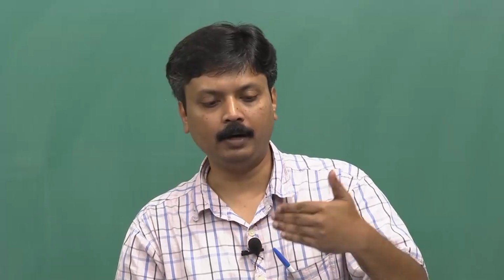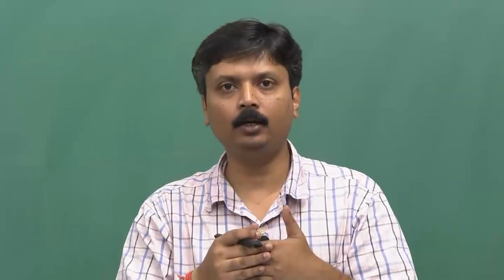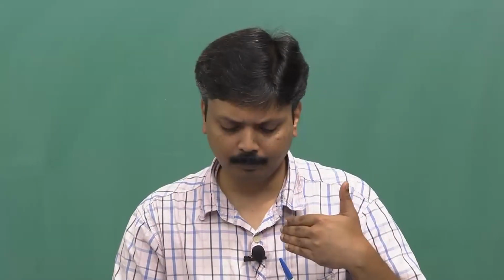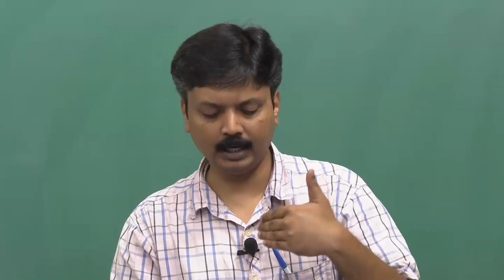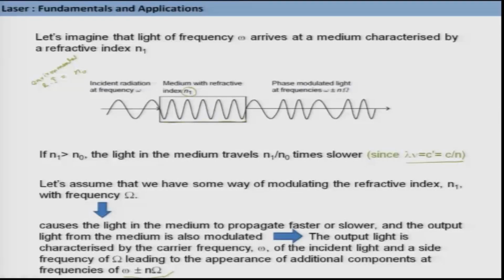If I can really vary the refractive indices, it will lead to the creation of side bands along with the carrier frequency, and these side bands will be at frequencies shifted by n capital omega, because the modulation frequency is capital omega.